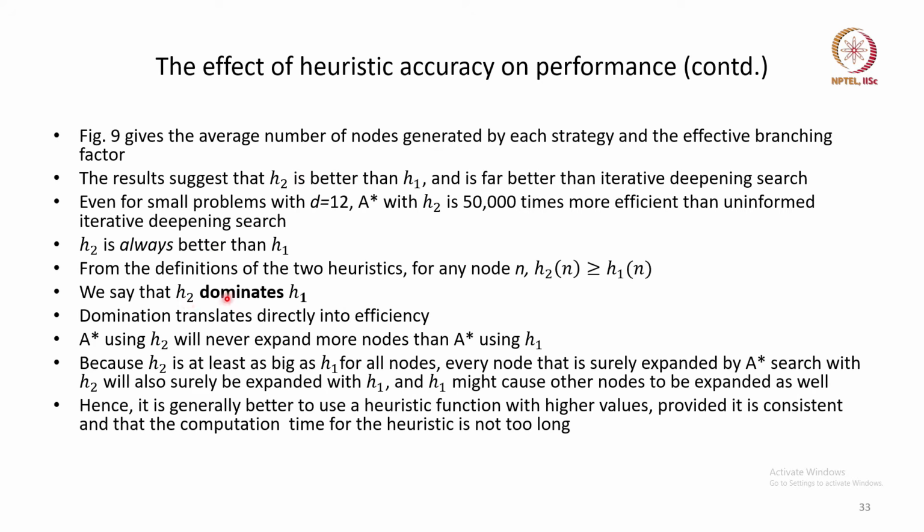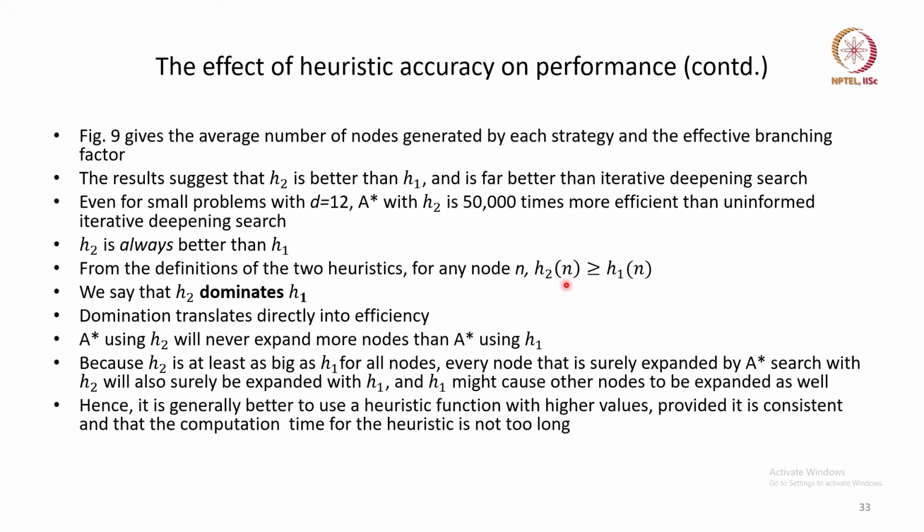We can say H2 dominates H1, okay. In other words, heuristic H2 is greater than heuristic H1. So, H2 expands fewer nodes as compared to H1. So, in other words, it takes less time to come up with a solution than H1.